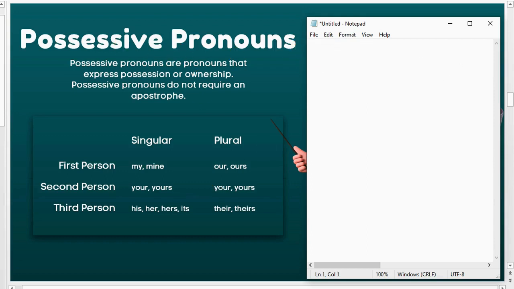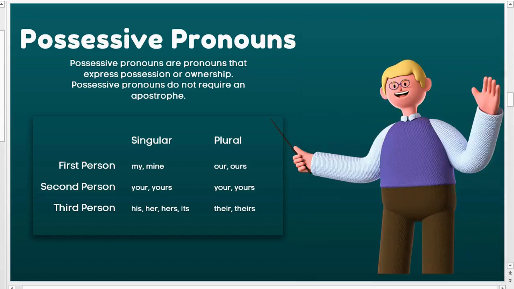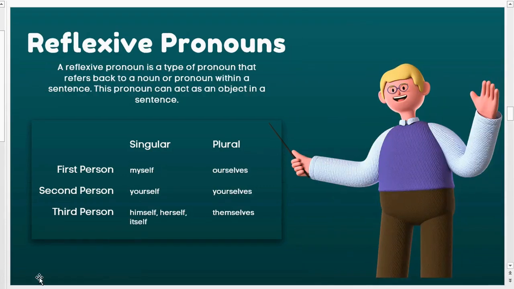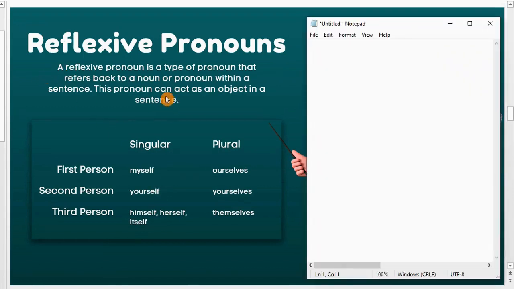Now we move to the next slide. Reflexive pronoun. A reflexive pronoun is a type of pronoun that refers back to a noun or pronoun within a sentence.